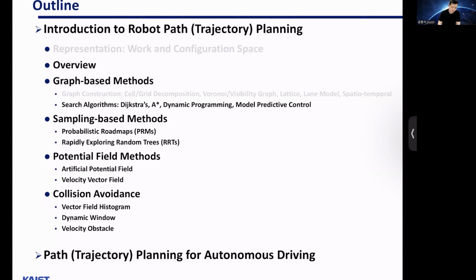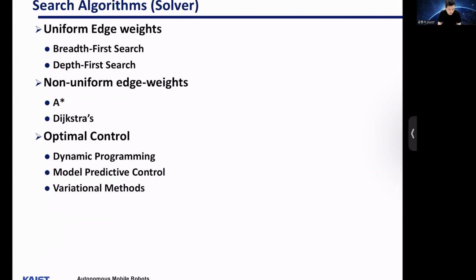Okay, let's continue with search algorithms. Depending on the conditions and the problem that you are facing, you need to select the right search algorithm, and we can group search algorithms into these three groups.